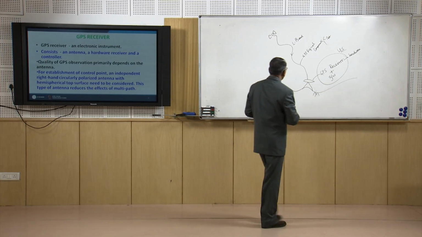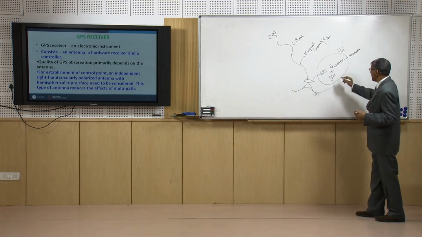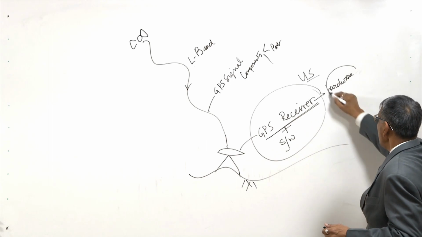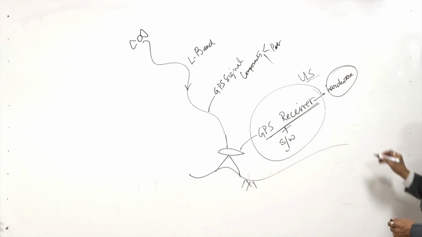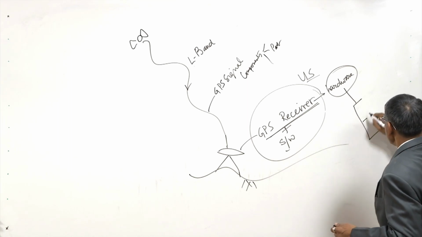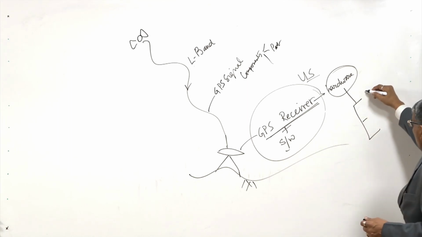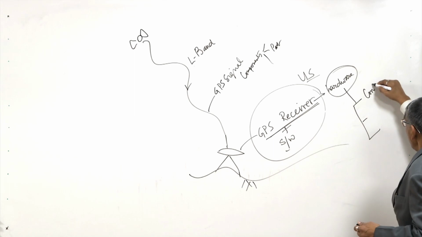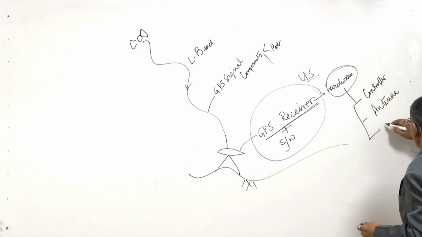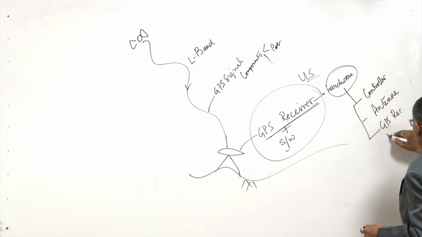In some other class I have already told that a GPS receiver is nothing but electronic hardware. Actually it consists of three parts. Already I told you that one is called the controller, and then the antenna, and the actual GPS receiver hardware.